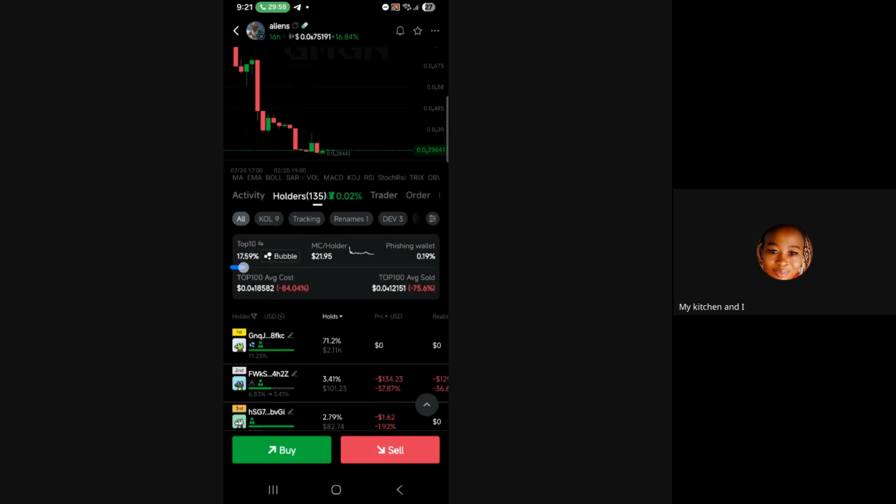The top 10 are holding 17.59%. It is very, very good when the top 10 holds a little portion of the total supply. It is very, very healthy; from like 1 to 26% is okay.